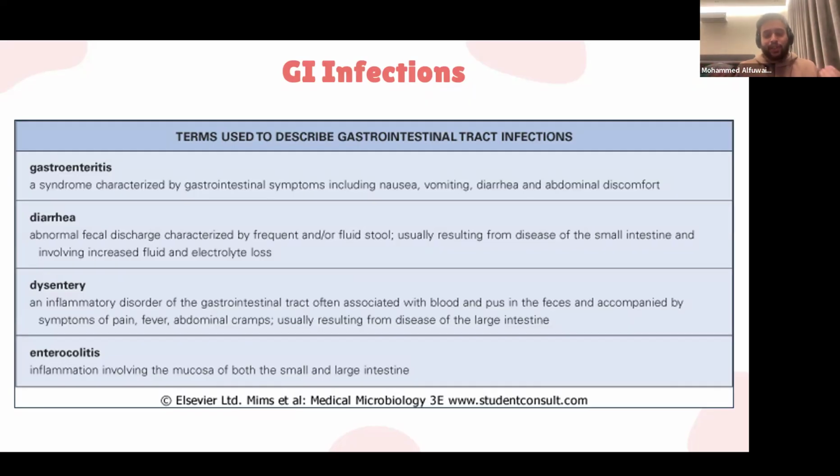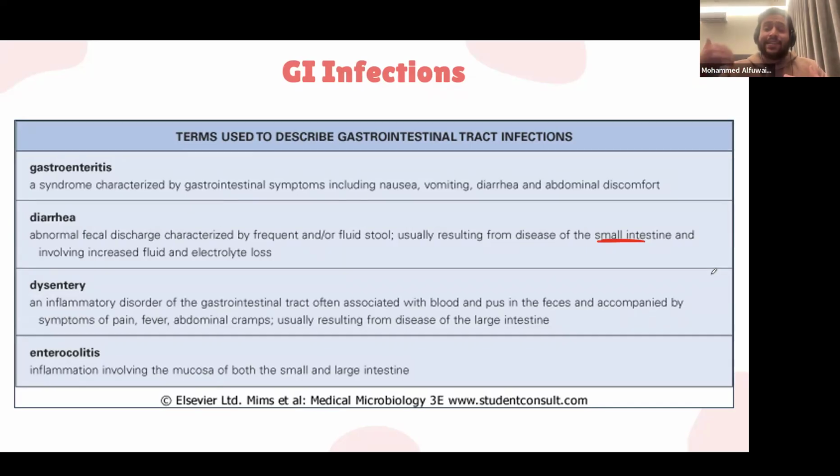If someone has watery diarrhea, you guys tell me. It's usually in the small intestine, okay? Watery diarrhea is usually a pathology of the small intestine, which causes fluid abnormalities and electrolyte loss, okay?